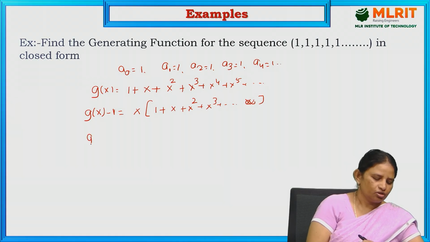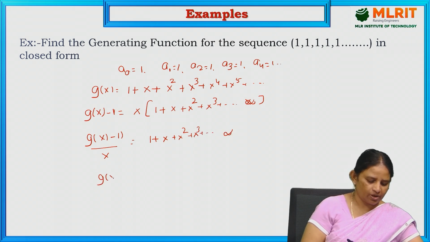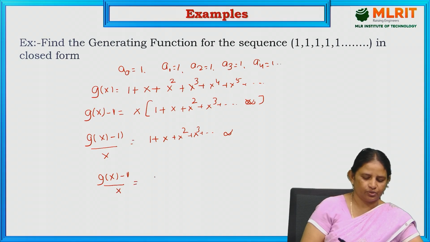Then (g of x minus 1) by x equal to 1 plus x plus x square plus x cube and so on to infinity. That is equal to the given generating function g of x.